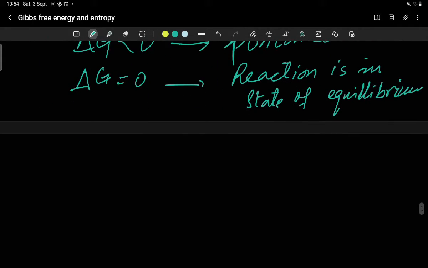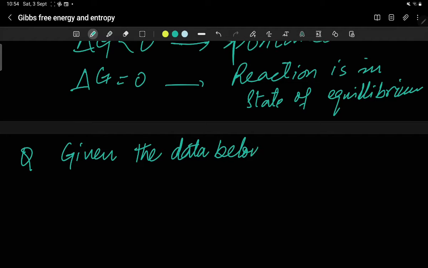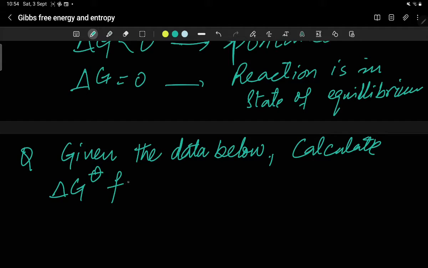Let us solve some example reactions. The question is: given the data below, calculate delta G for the following reaction.